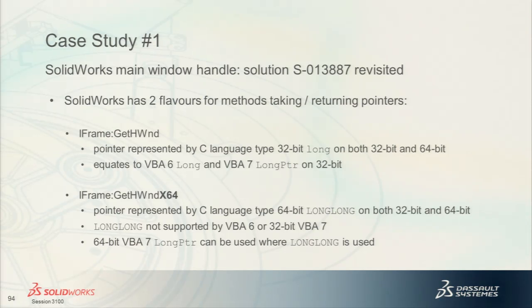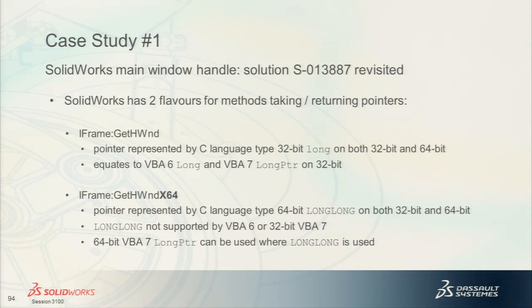On our side, in C or C++, we use a 32-bit long, lowercase l. I can't see it from here. Yes, that's a lowercase long in C, which translates to Long on VBA 6 or to LongPtr on VBA 7. So that works fine.